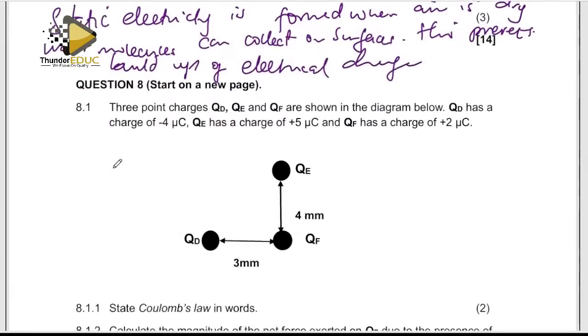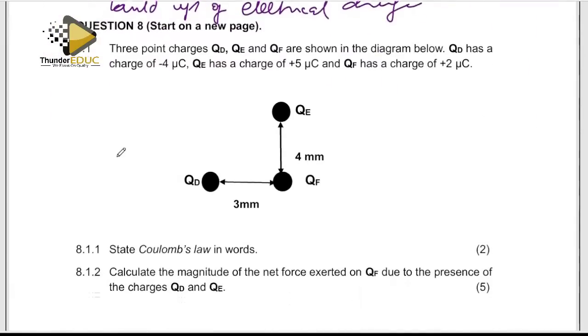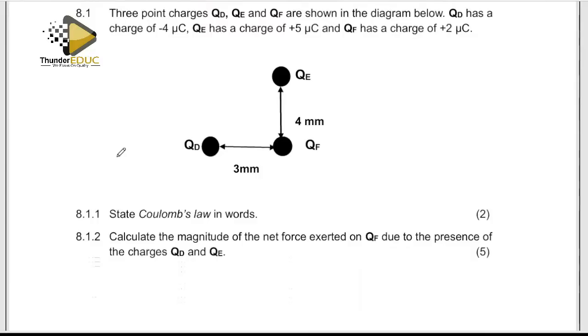Question number 8. Three-point charges D, E, and F are shown in the diagram below. They're telling us that QE is a negative 4 microcoulomb, then we have a positive 5 microcoulomb and then a positive 2 microcoulomb. Can we state Coulomb's law in words?